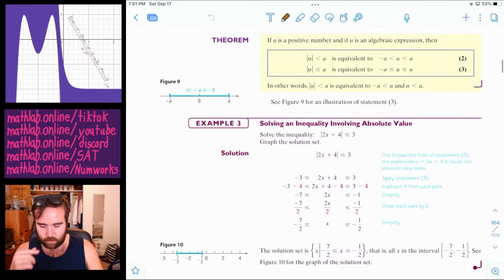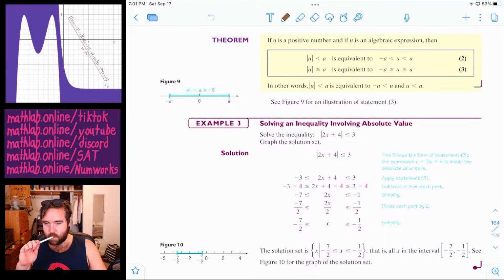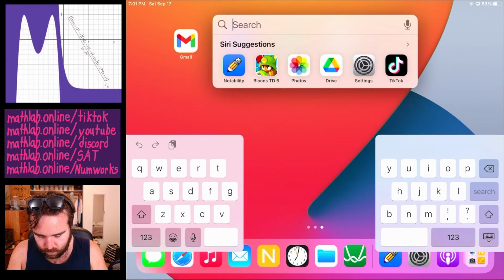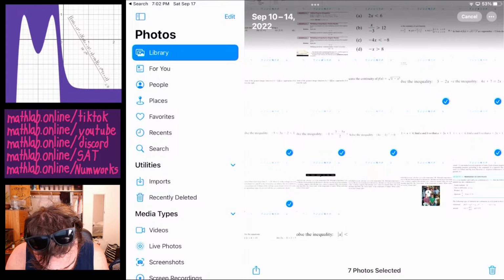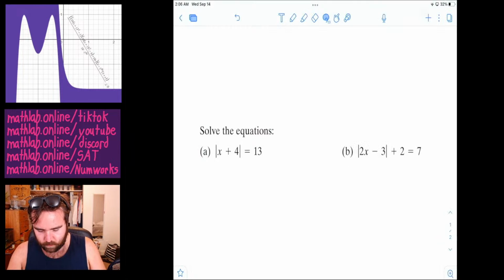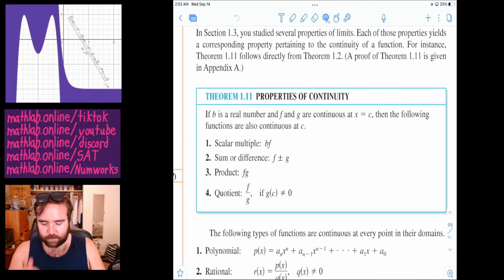So this is the next one to do. Oh, I can check my photos. Right, so that was the last one I did there. Last one I did with Calc was that one. So we did that and we did that and that was it. Last one we did was there. Okay.